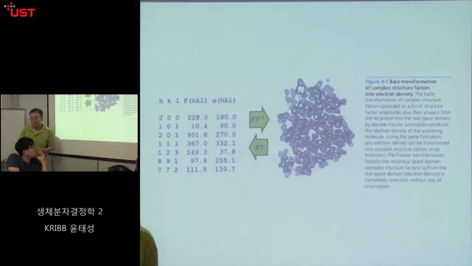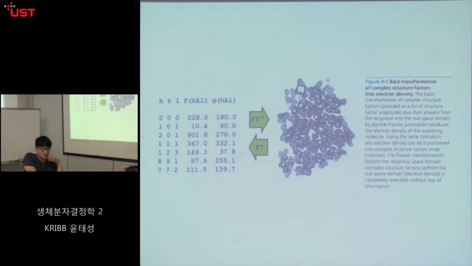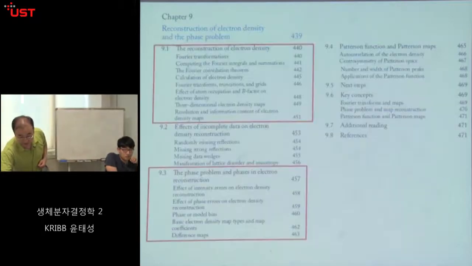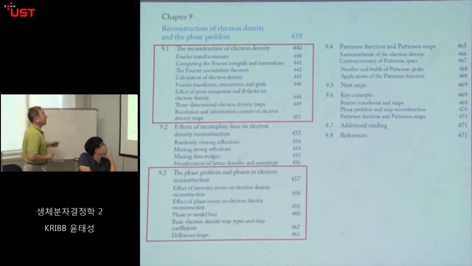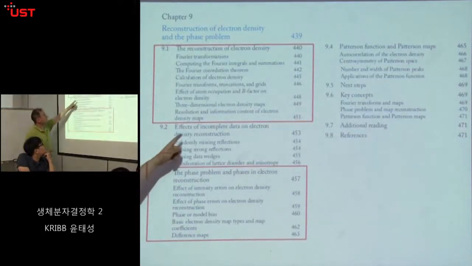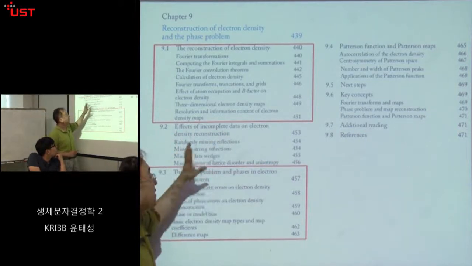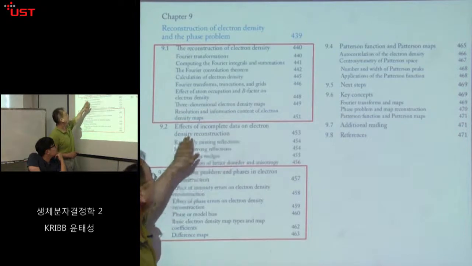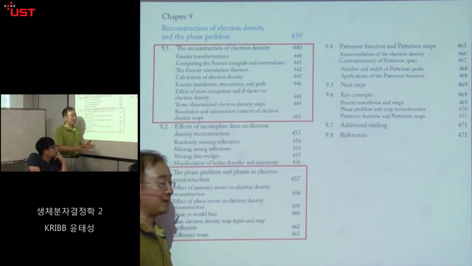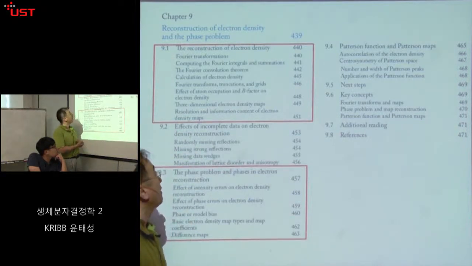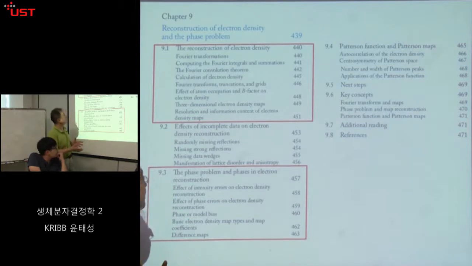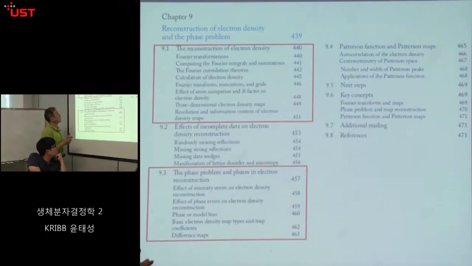And that's the topic discussed here in section 2. Effects of incomplete data on reconstruction, vice versa. Not only electron density, but also structure factor, they should be equivalent. But in this chapter, we are concerned with the reconstruction of electron density to reveal protein structure.